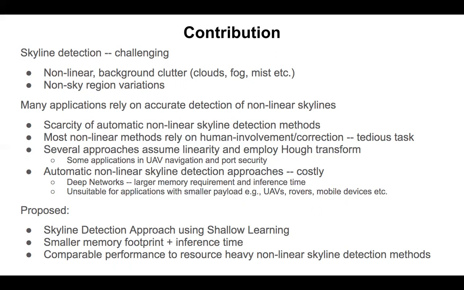Towards this end, we are proposing a new skyline detection approach using shallow learning, which has a smaller memory footprint and very quick inference time, and the performance is comparable to those methods which are very resource costly.